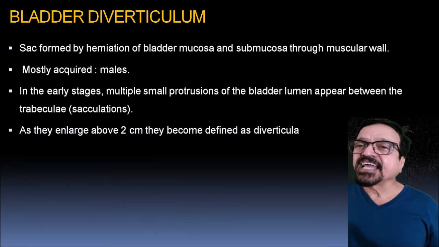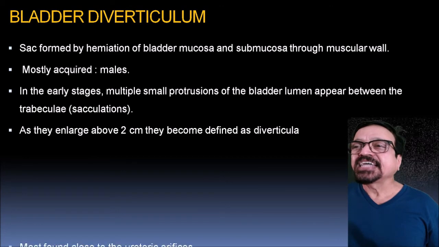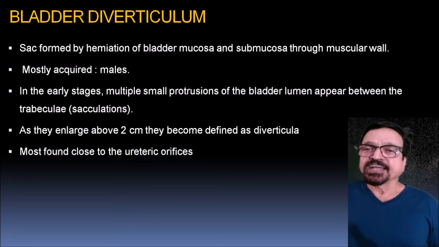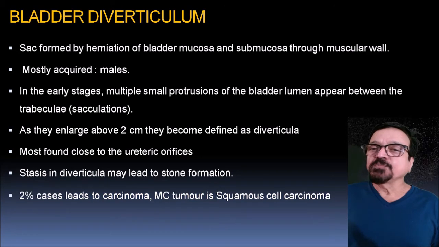As they enlarge above 2 cm, they are defined as diverticula, most found close to the ureteric orifice. The stasis in diverticula may lead to stone formation. In 2% of cases it leads to carcinoma, typically squamous cell carcinoma.